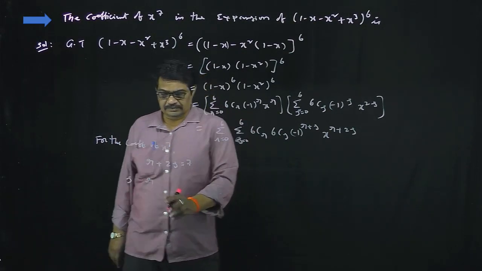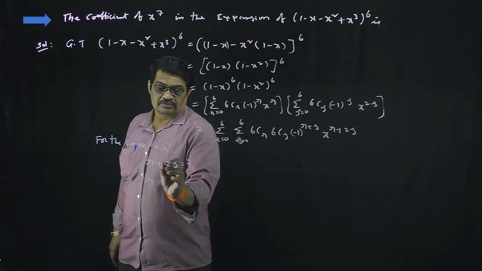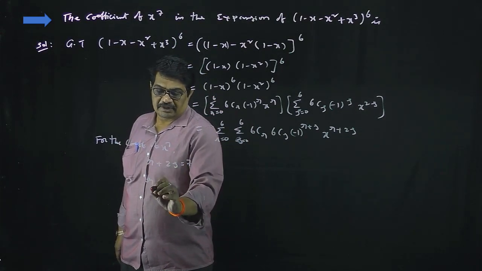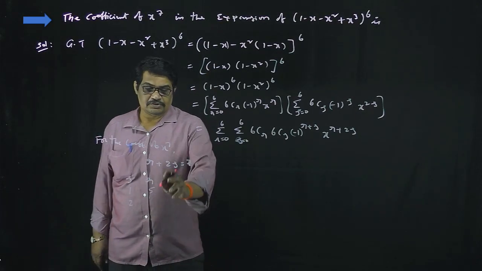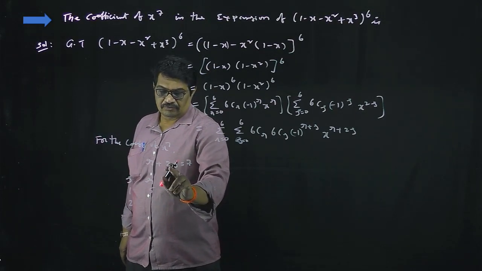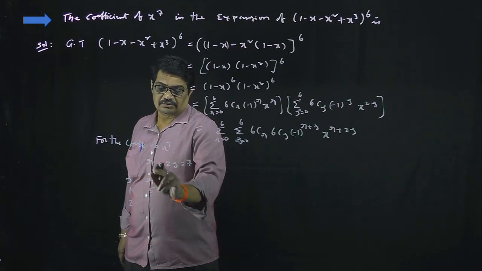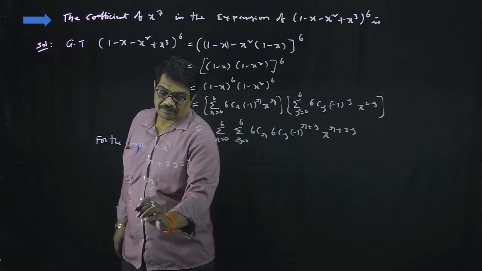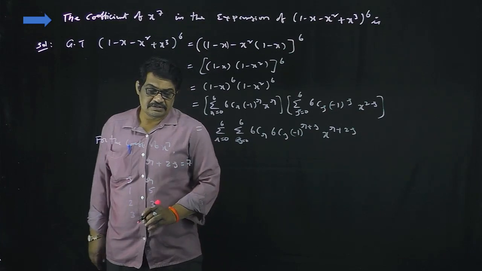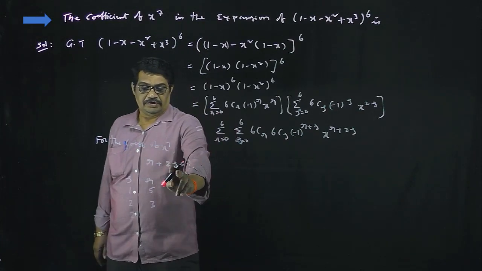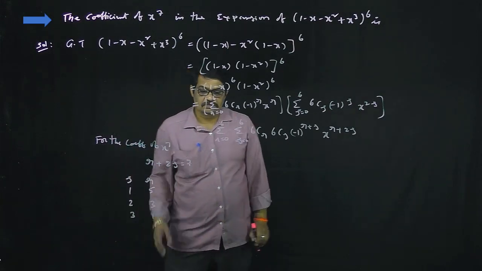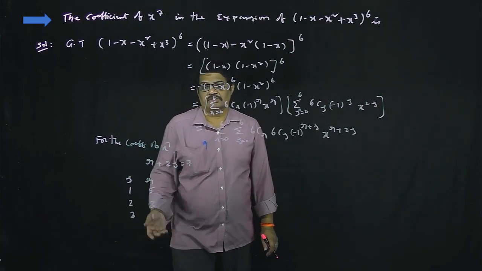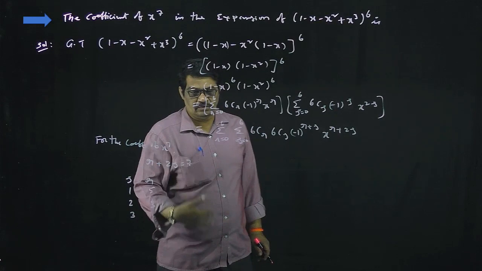If you take s = 1, we get 2, plus remaining is 5. If s = 2, that is 2 into 2 is 4, remaining is 3. Next, s = 3, that is 2 into 3 is 6, we take r = 1. So these are the possibilities. The total sum is r + 2s = 7.